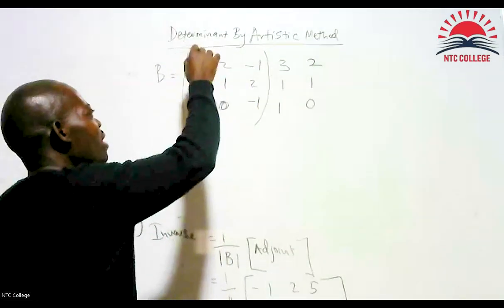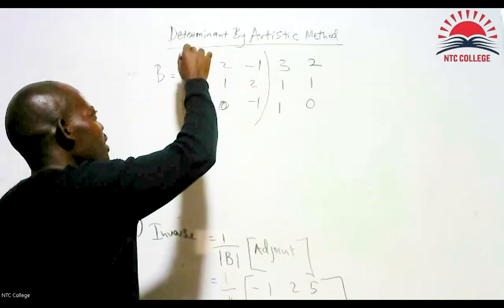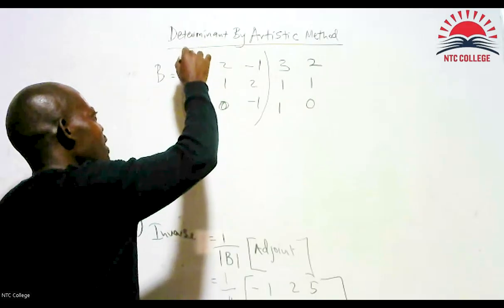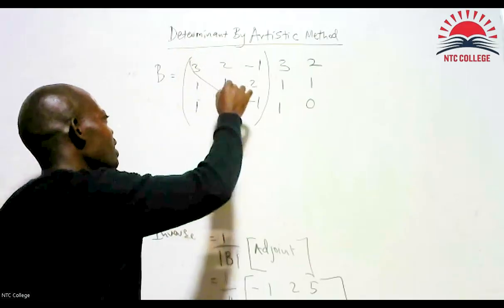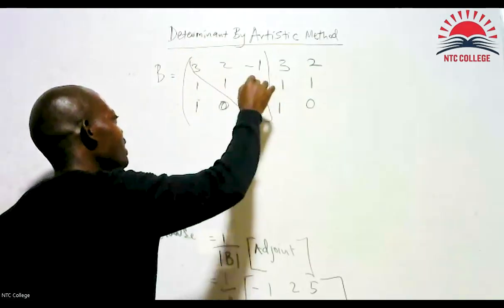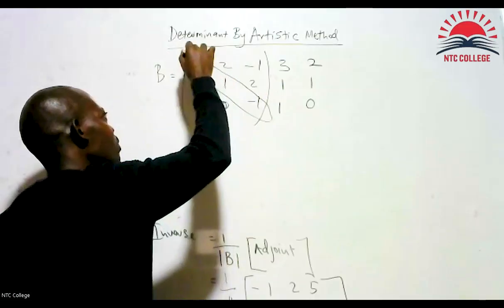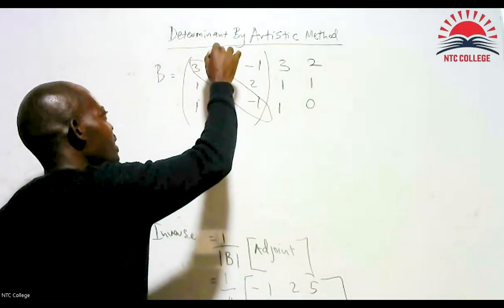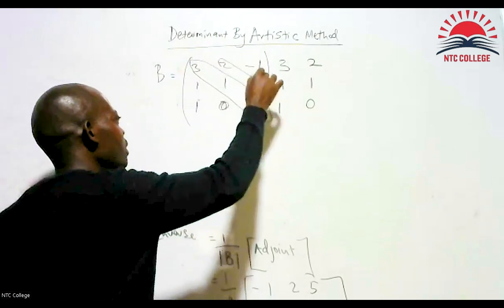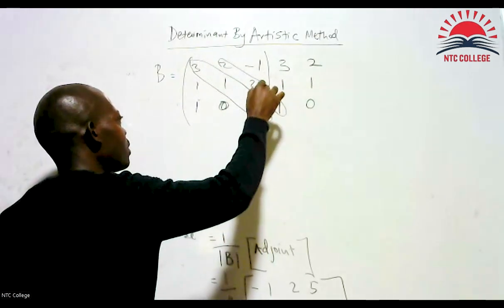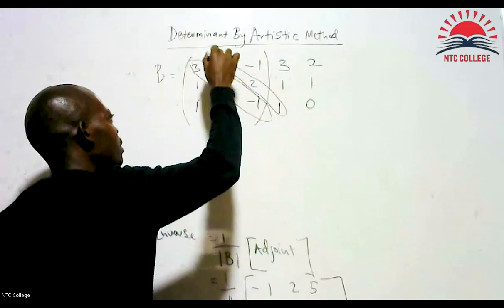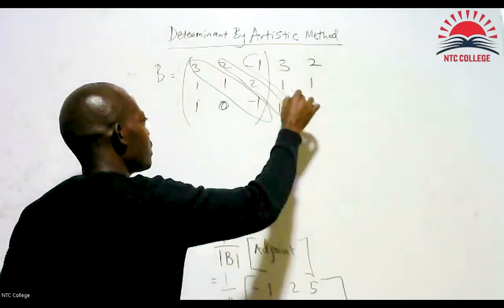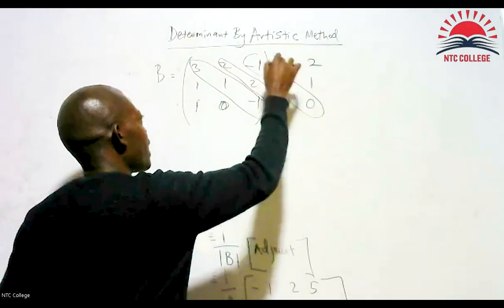The main, and then we do the minor. Look at what I'm doing. To obtain the diagonals, 3 complete diagonals, you don't have to really do this. I'm just doing so that we can see. That is the first one. This would be the second one. And this is the last one. Principal diagonals.